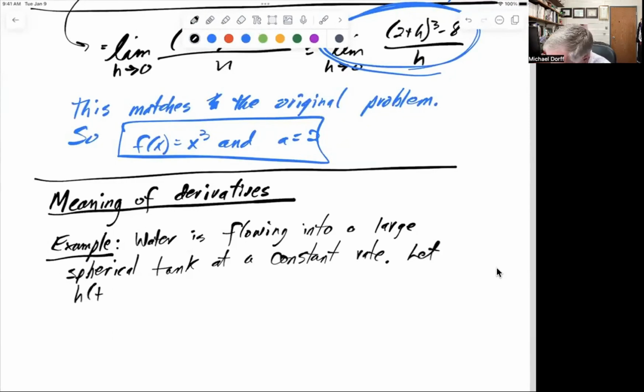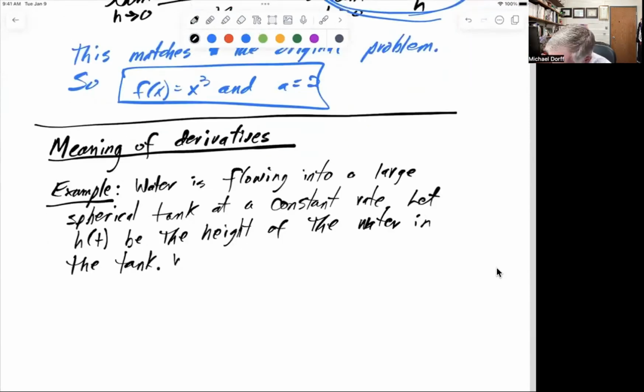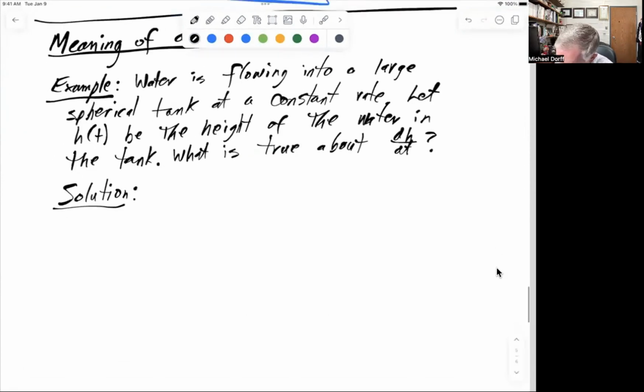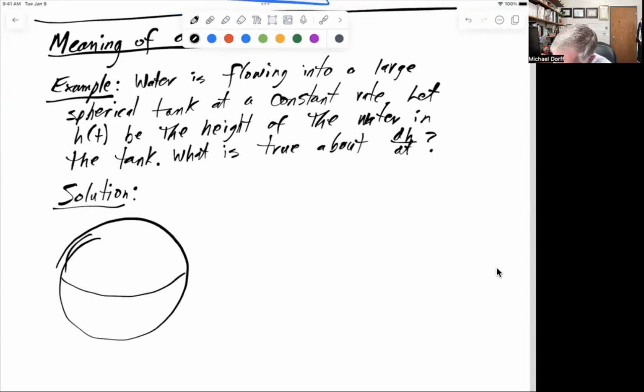Let h of t be the height of the water in the tank. What is true about dh/dt? If you want, there's an image. Here's my tank, and it's spherical, so it's the shape of a ball, and I've got water inside of it that's being poured in. There's my water, and this represents the height of the water. All right, so what's true about dh/dt?